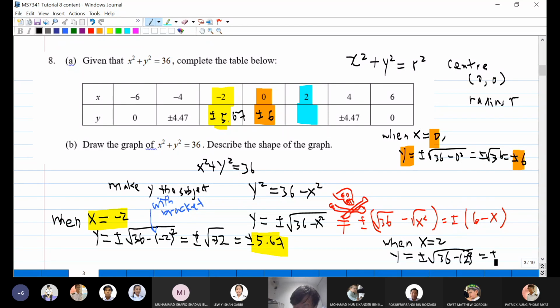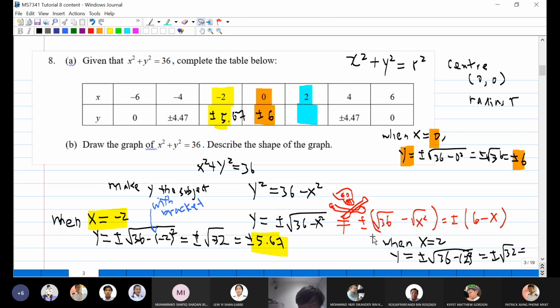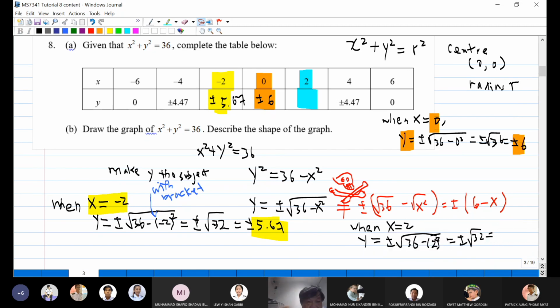This is also equal to plus or minus square root of 32, the same as before, again plus or minus 5.67. So this is how I get the blue color one, plus or minus 5.67.